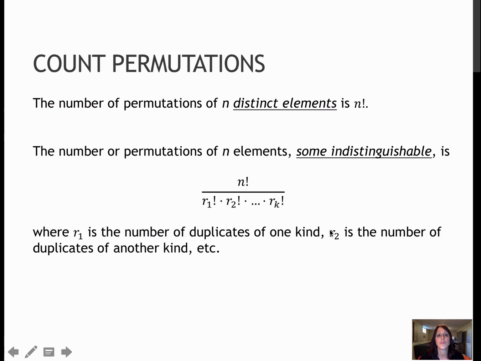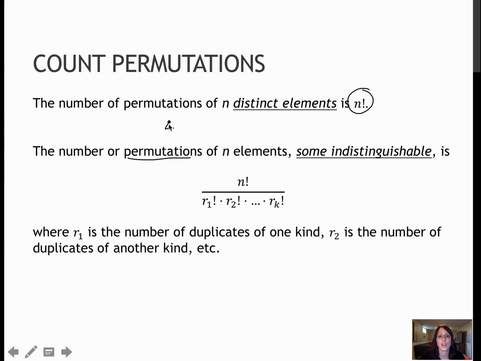So instead, we're going to look at the number of permutations as being n factorial. In my last example, I had 4 different letters.